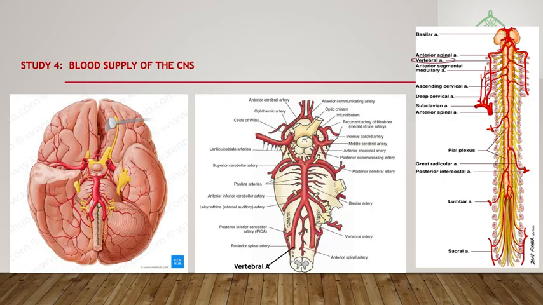Then at the end of the pons, at the superior aspect, it divides into two, giving rise to the posterior cerebral arteries.